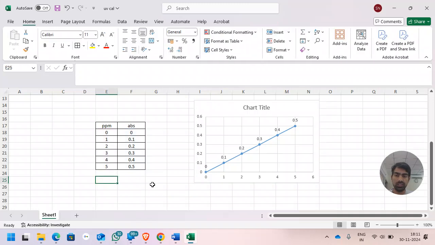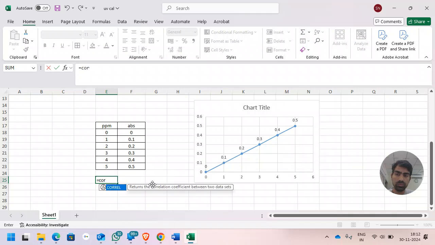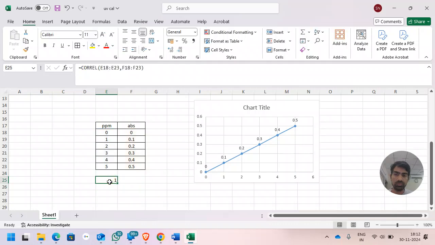For this we find out the correlation coefficient. Correlation coefficient means how linear your graph is. You're taking the x axis and y axis. We got an r square value of 1.